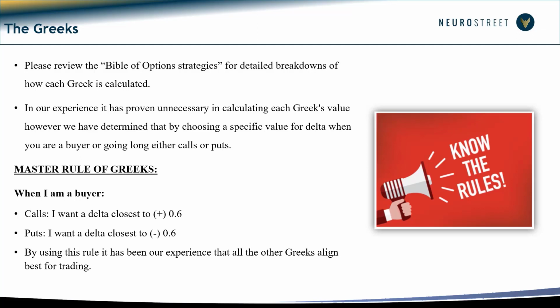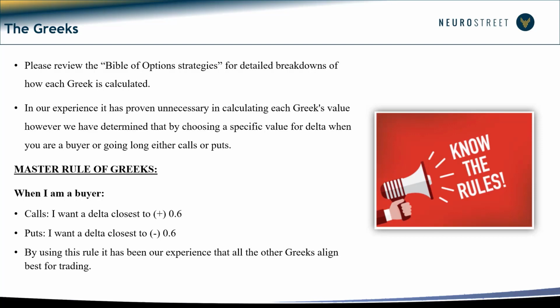I'm here to tell you that if you want to enjoy your life and have the freedom of keeping it super simple, great. It's a great way for you to learn, but it's not necessary for active trading. I do think you should check out the Bible of Option Strategies for a more detailed breakdown of these Greeks, but I've tried to simplify my years of studying this so that you don't have to do that.